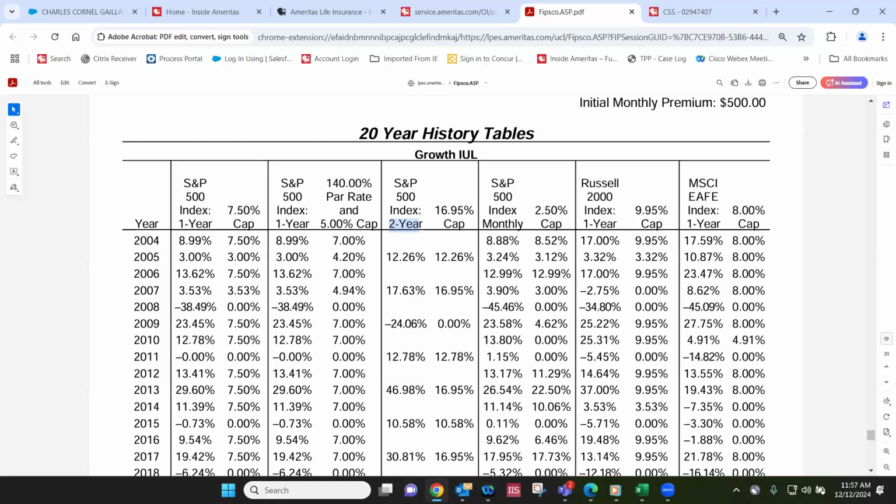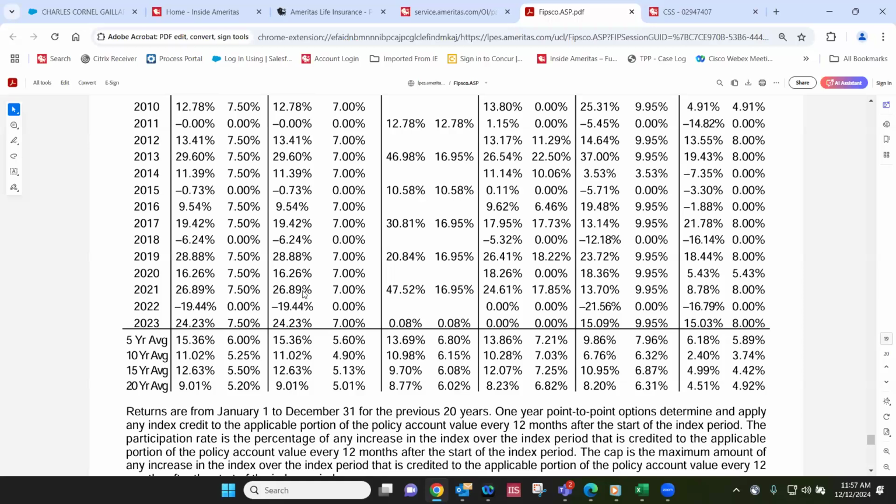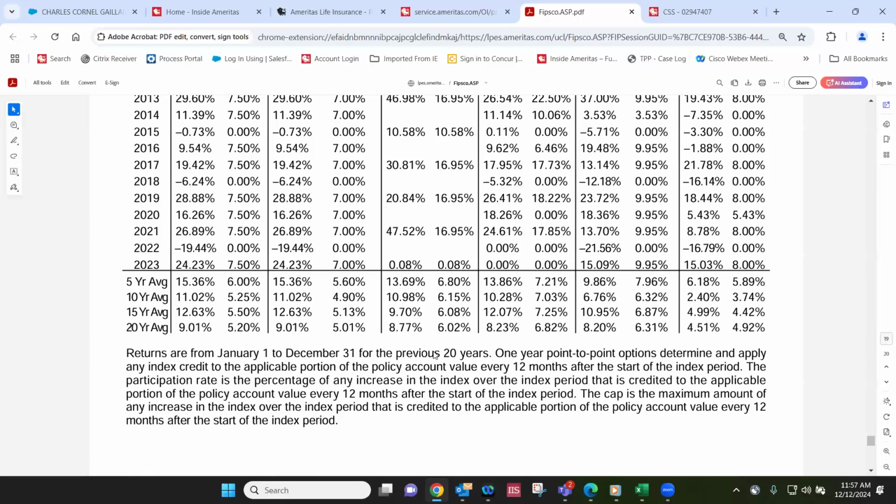So I kind of giggle because at the end of the day, when you look at these 20-year averages on these other index choices, were they right around 5%, Alonzo? I mean, we were looking at the S&P. 5% is like a golden standard for an average for an index option. I don't want to say they're all going to end up the same, because that is not at all what I'm saying.